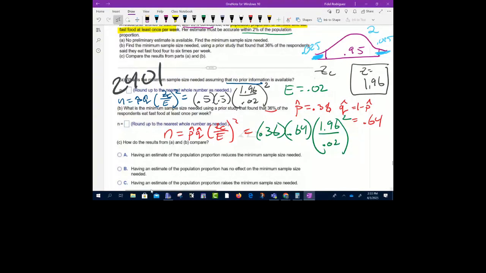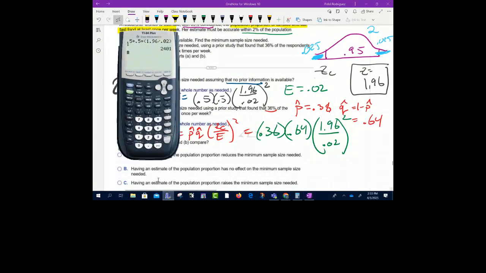Okay. Let's see if we can find that one. So let me clear all this. 0.36, 0.64, 1.96 divided by 0.02. And I'm going to square that.